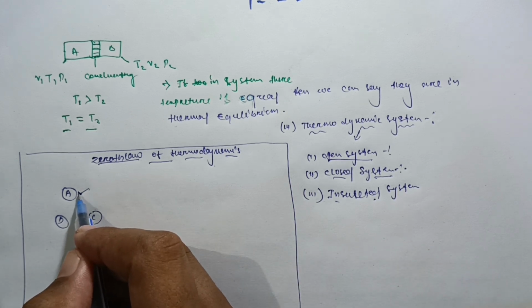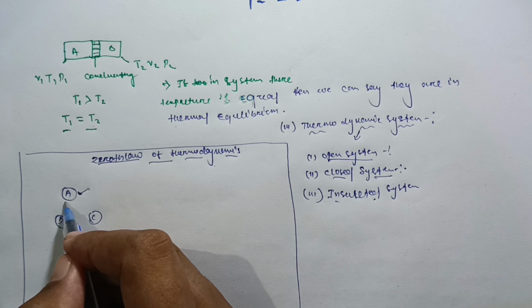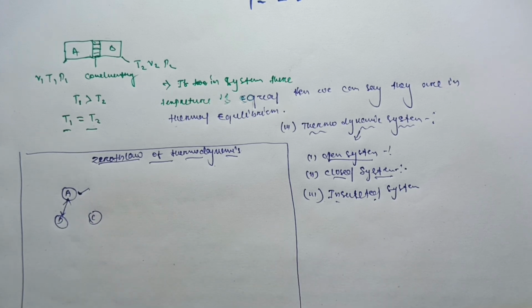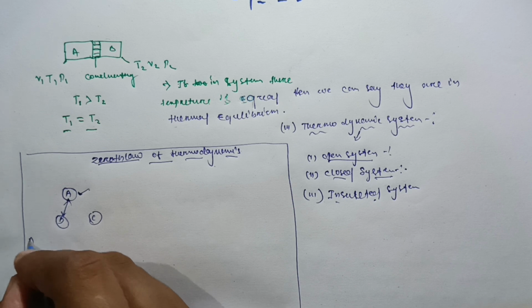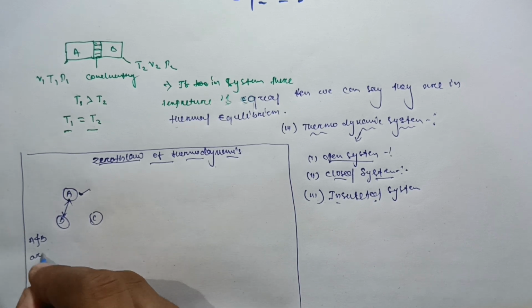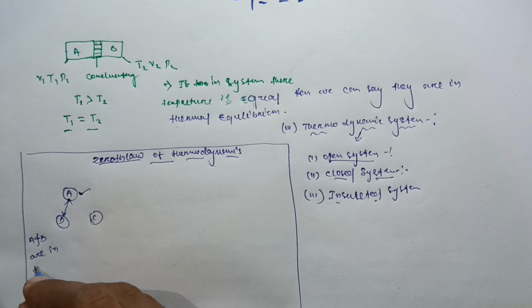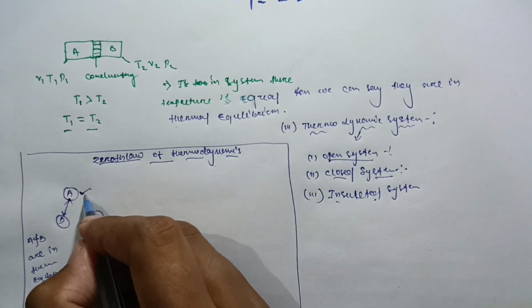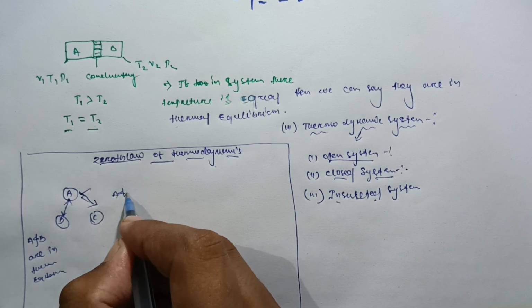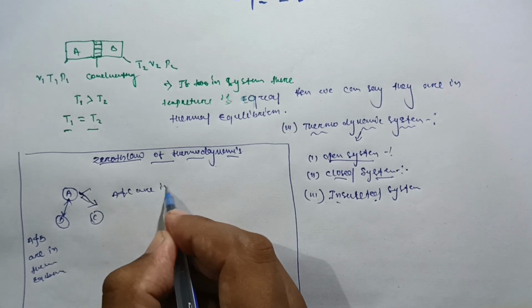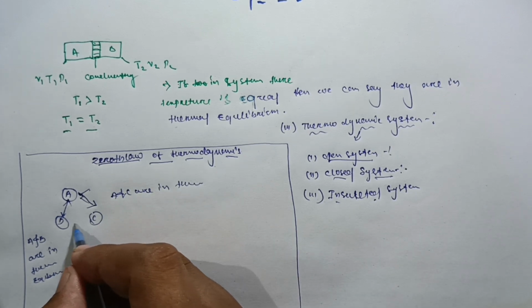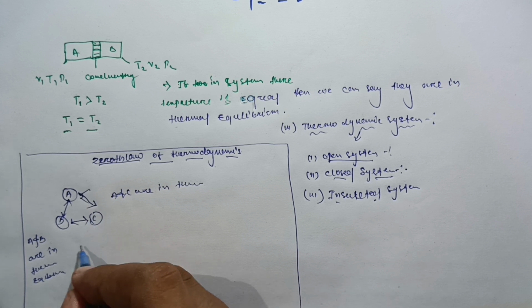So if A and B are in thermal equilibrium, and if A and C are in thermal equilibrium, then also B and C are in thermal equilibrium.